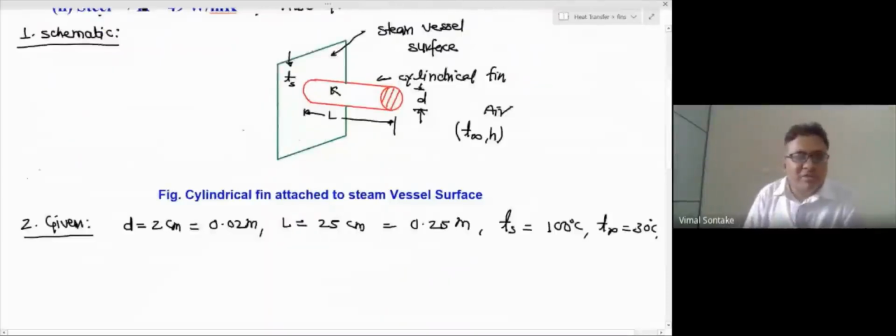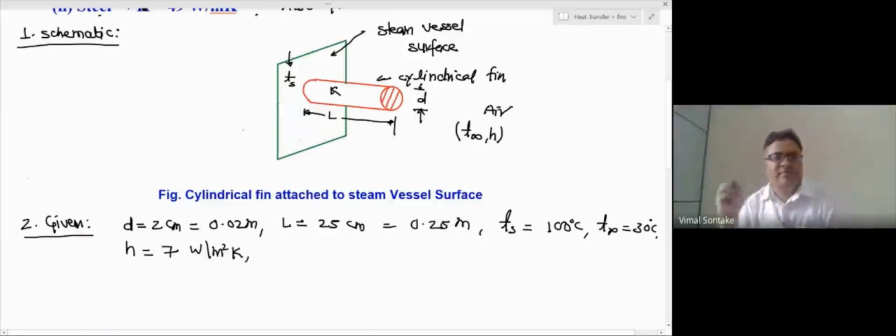Apart from these values, I have been given the value of h, 7 watt per meter square Kelvin. Then we have been given thermal conductivity of copper. Let's say it is represented by k1, k copper as 330.